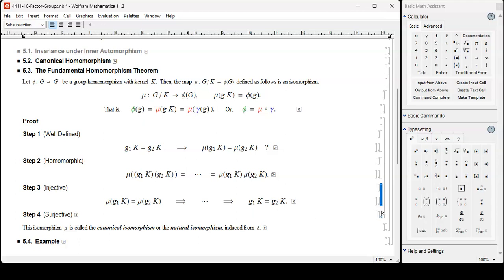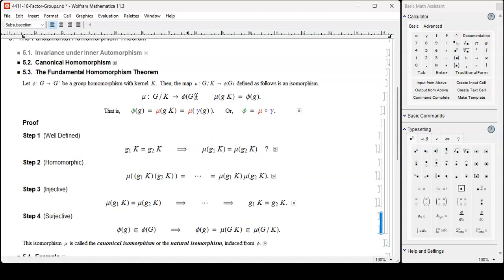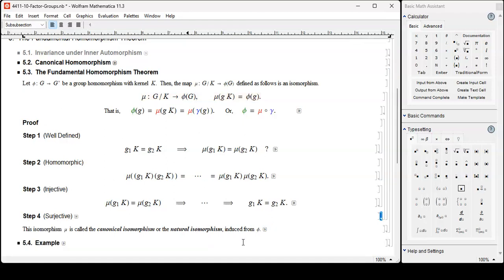And finally, surjective. But this one is trivial actually, because an arbitrary element of this target, phi of g, is phi of small g. And an arbitrary small g will give me what we want. So yeah, this will cover everything there. So surjectivity is trivial. We don't really have to prove it. These three we have to.